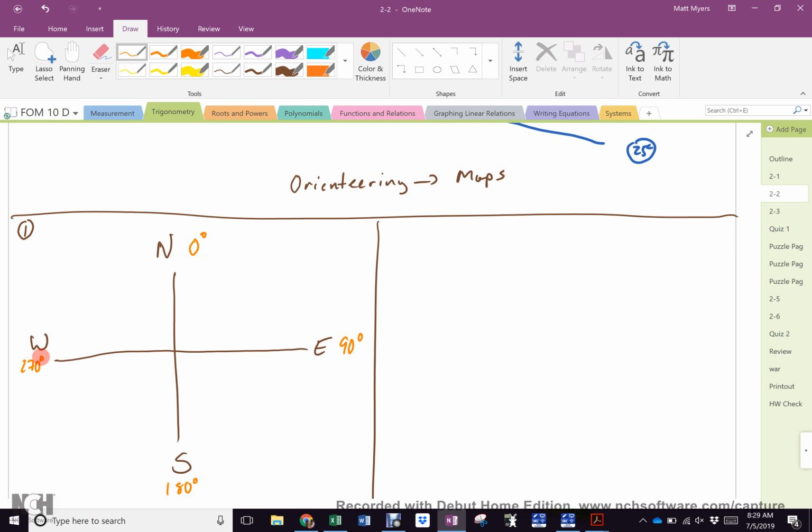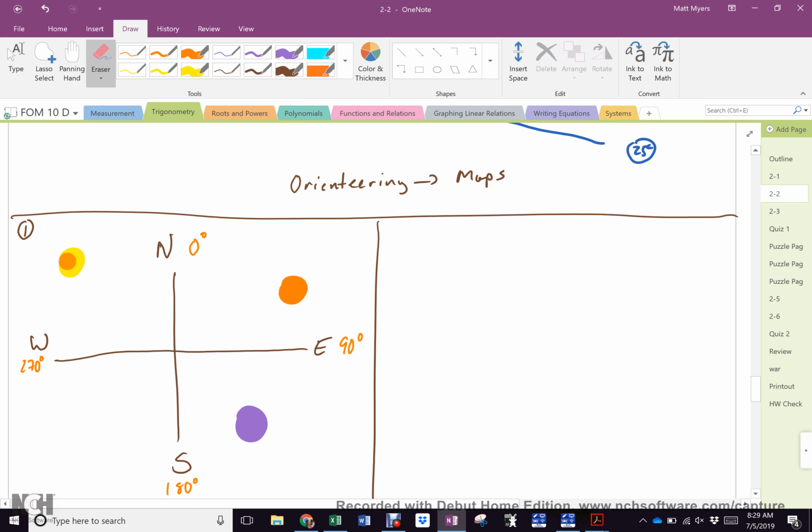So if I tell you that I am walking on a heading of 77 degrees, where am I walking? Am I walking to the yellow dot, the orange dot, the purple dot, or the brown dot? The orange dot. Everyone agree?